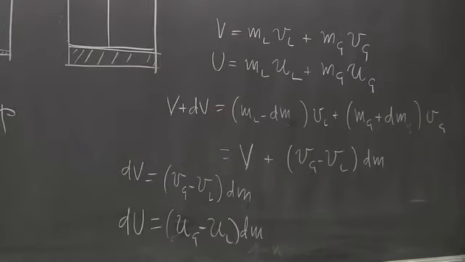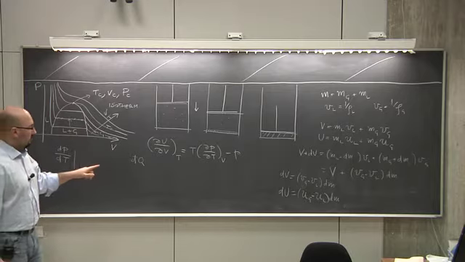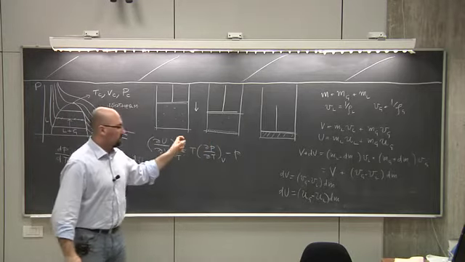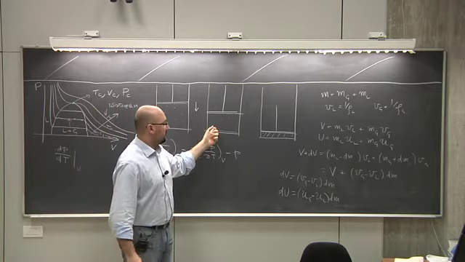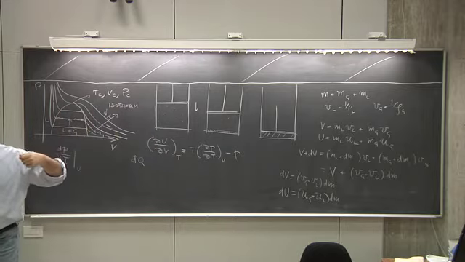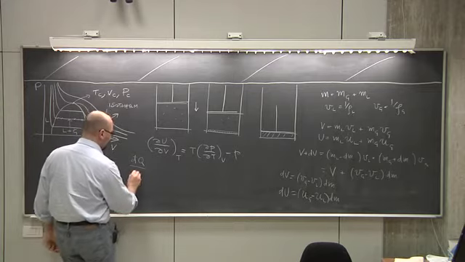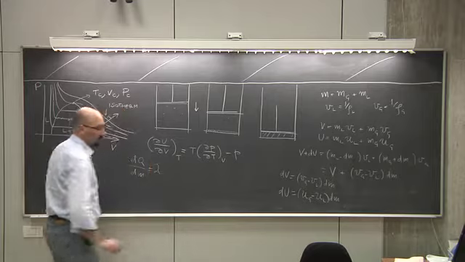But we know that when we want to transform a little bit of liquid into gas, we have to give it some heat, right? There is a specific heat of vaporization, which is a constant.